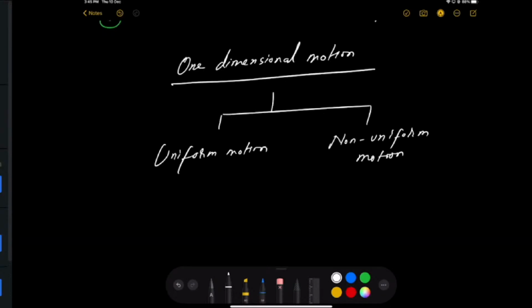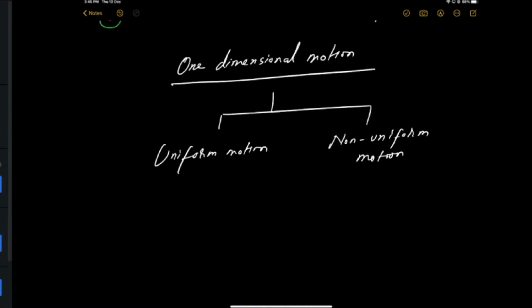Now in uniform motion, acceleration is constant. Acceleration doesn't change, or acceleration is not a function of time, it's a constant value. Acceleration is fixed. It can be anything. It can be 1 meter per second square. It can also be 0 meters per second square.